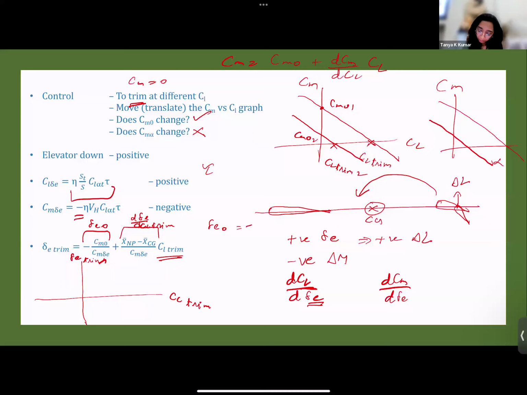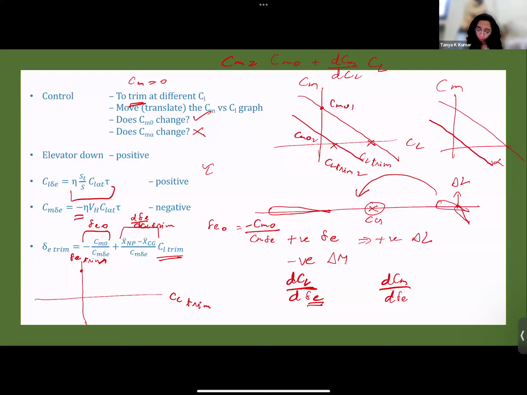Delta E naught is minus CM naught by CM delta E. Is that positive or negative? Positive, correct. So let's just take the intercept here.